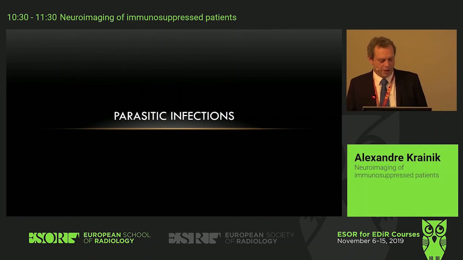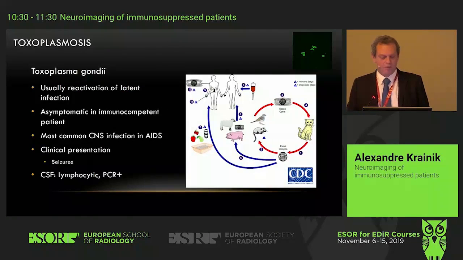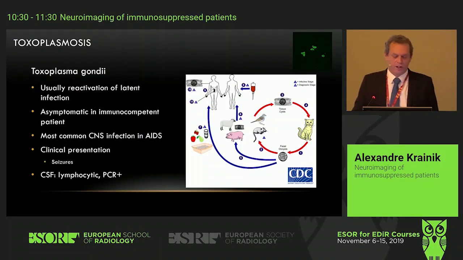Now let's move to the parasites. The most common parasite involving immunocompromised patients is toxoplasmosis. Most of the population, at least maybe half of us, would already have this infection. It's latent in immunocompetent people, usually, especially when you have cats.